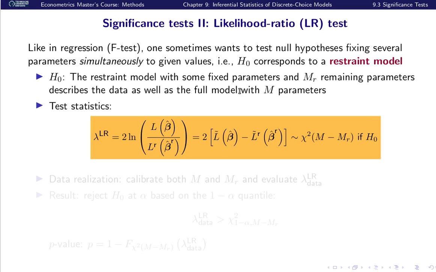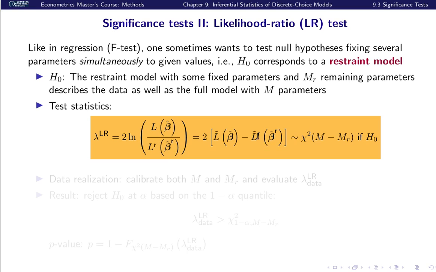The test statistic here is the LR statistic, and it's just 2 times the logarithm of a ratio. That's why it's called likelihood ratio, because it's a ratio of likelihoods. Of course, because it's a logarithm, you could also write it as a difference of the log likelihoods. So this is the likelihood of the full model, the maximized likelihood at the estimated parameters, and that is the likelihood at the calibrated restrained model.